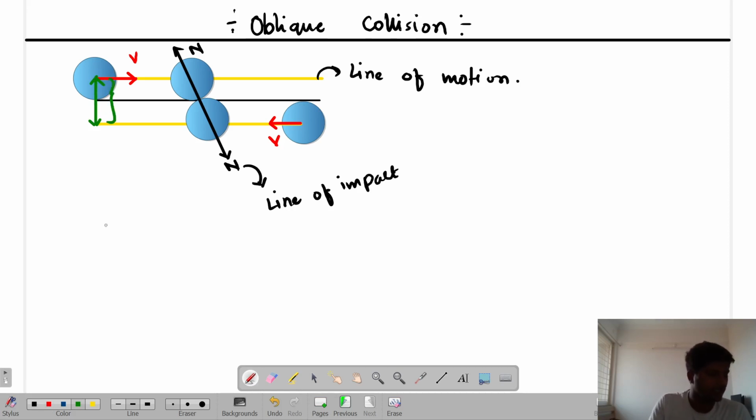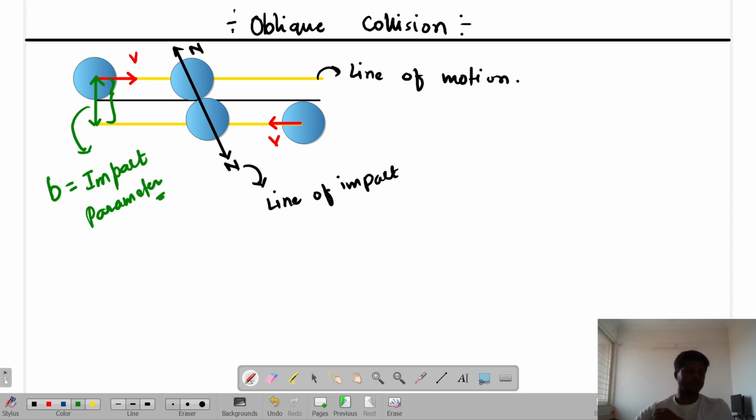This gap between their centers is called B, the impact parameter. Why is it necessary to know? Because this is the line which is going to make us understand what can happen when the collision happens.